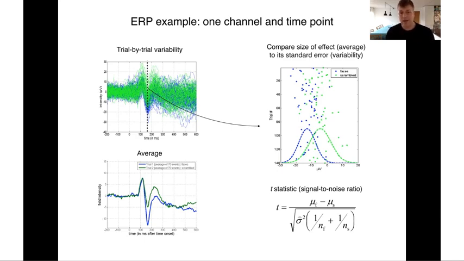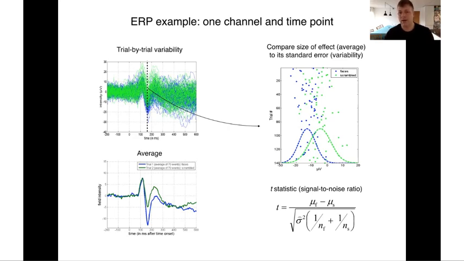And we will then take the trial by trial variability and the average and compare the size of the effect, so that's the average, to its standard error derived from the trial by trial variability.